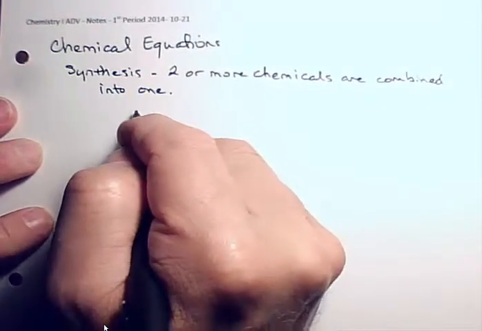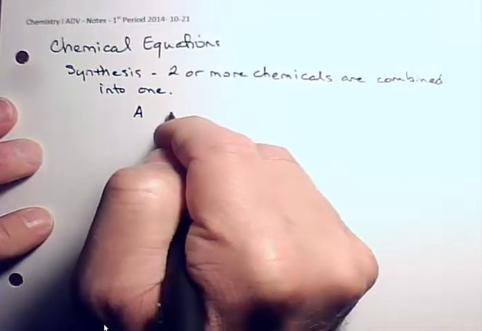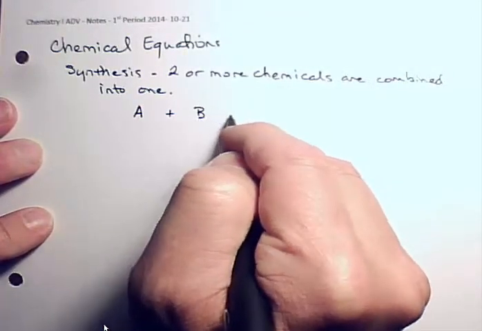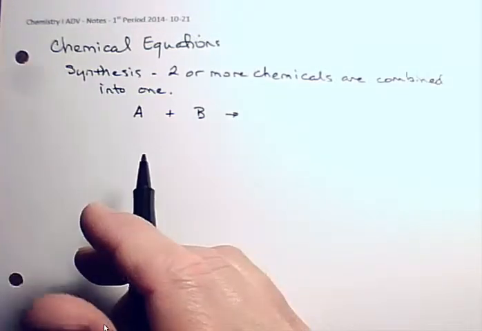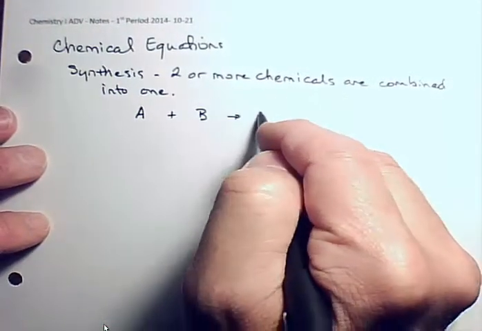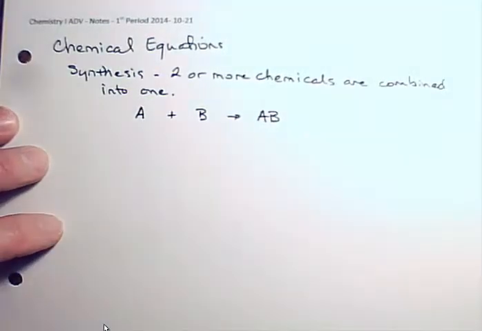So if the first chemical is A, and the second chemical is B, then you could think about this in really simplified terms as combining A and B into AB.